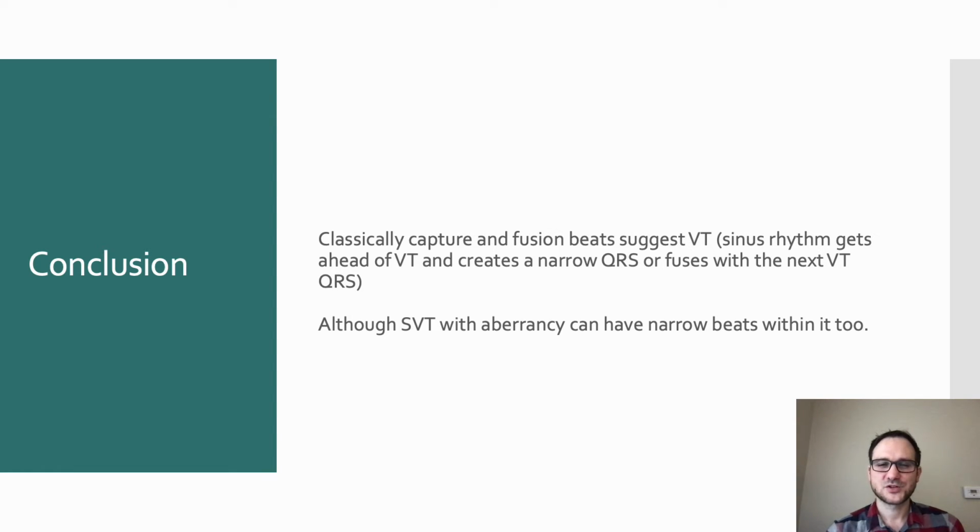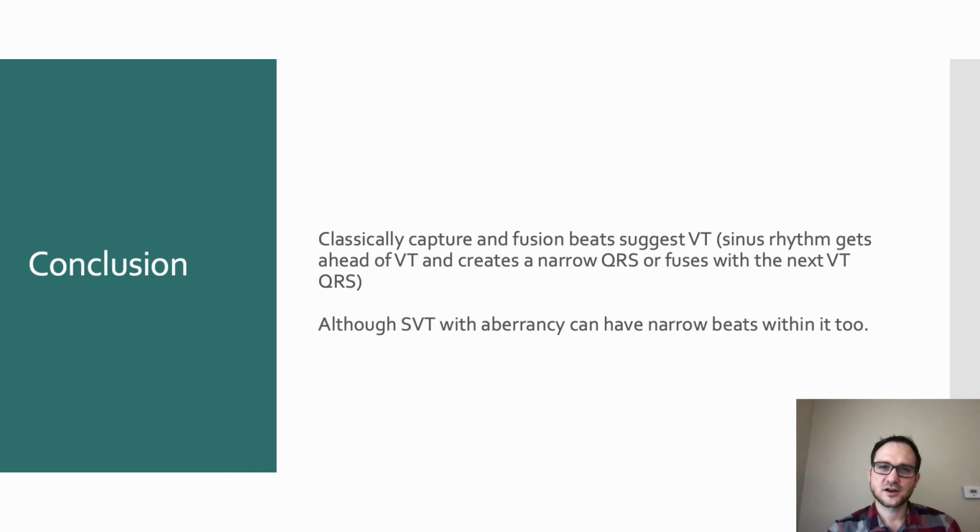In conclusion, the key learning point is that narrow beats within a wide complex tachycardia are often called capture and fusion beats. They are created when the sinus beat conducts down the AV node, and if it's timed just right, getting ahead of the next VT QRS, it can depolarize the entire ventricle and make a QRS that's narrow, of supraventricular morphology.